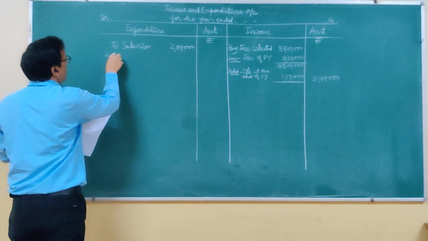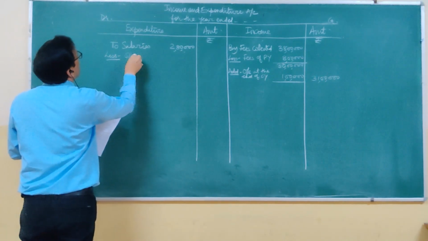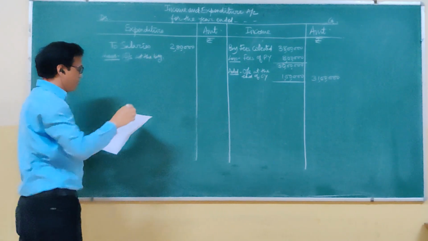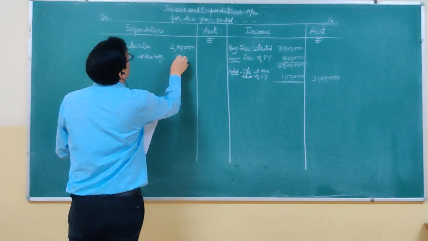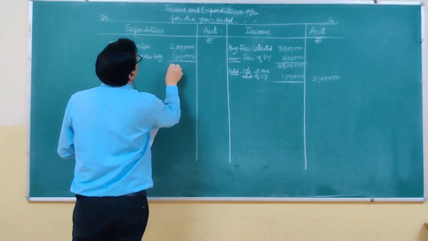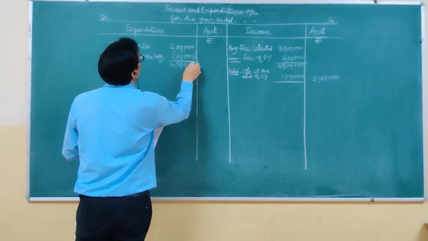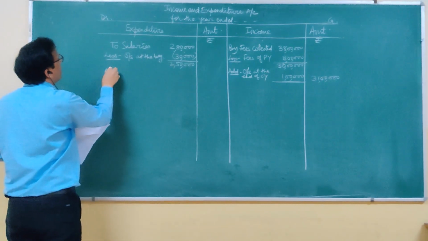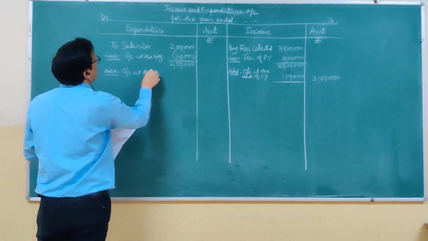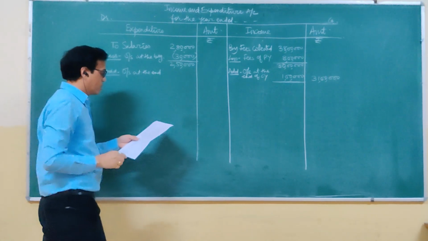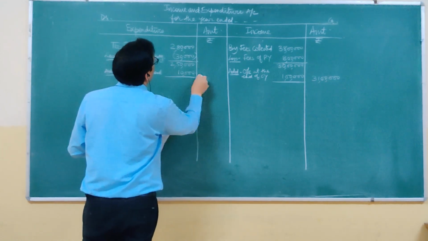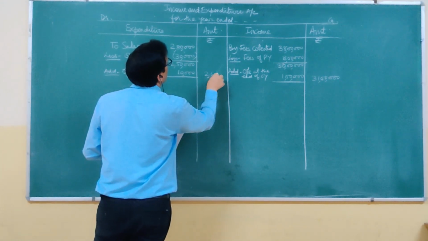Then we subtract from it outstanding at the beginning of the year. That's given 30,000. Relates to previous year. It means previous year amount has been paid here. So 2,50,000. And we add outstanding at the end. And the outstanding at the end is 10,000 rupees. So total salary which relates to current year is 2,60,000.